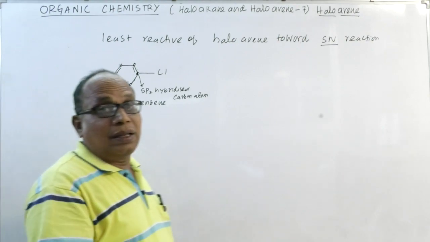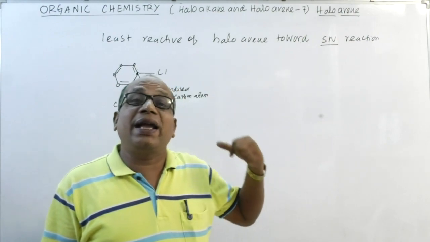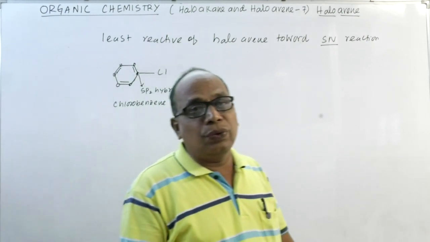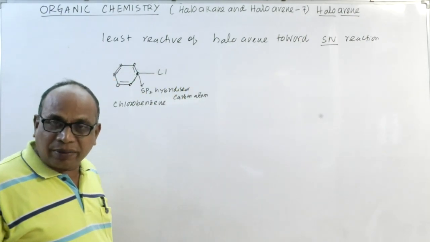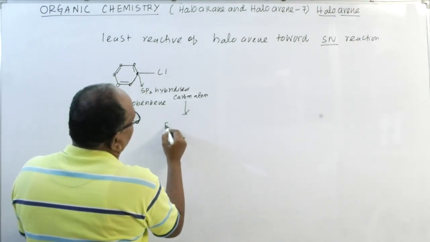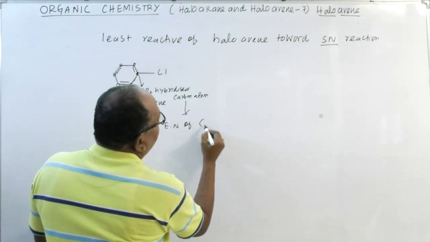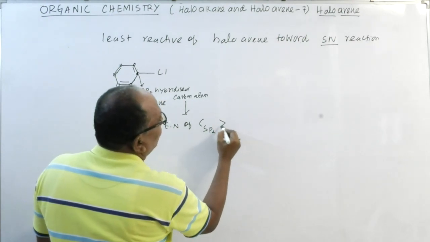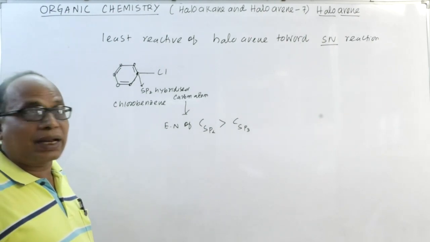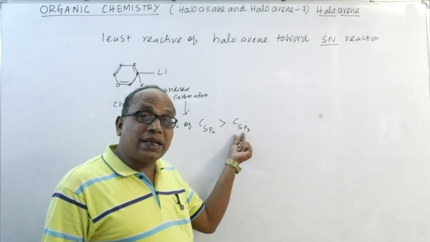In alkyl halide, the halogen atom is bonded to an sp3 hybridized carbon atom. But in aryl halide or haloarenes, the halogen atom is bonded to an sp2 hybridized carbon atom. The electronegativity of sp2 hybridized carbon atom is more than that of sp3 hybridized carbon atom, because it contains 33% s character while the other contains 25% s character.